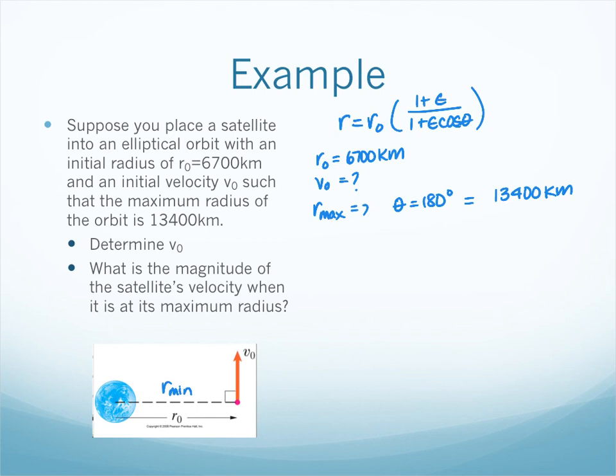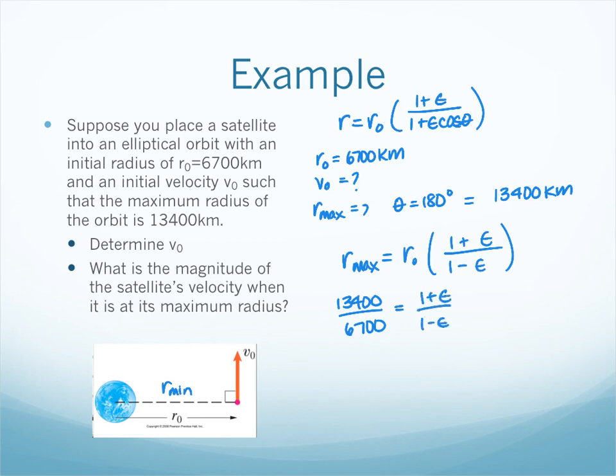So what we can do is say r max is equal to r naught times 1 plus epsilon over 1 minus epsilon, because we're letting the angle theta be 180. So we can write 13,400 over 6,700. It doesn't matter that it's in kilometers since we're dividing the terms. That is equal to 1 plus epsilon over 1 minus epsilon, and that's going to be equal to 2.